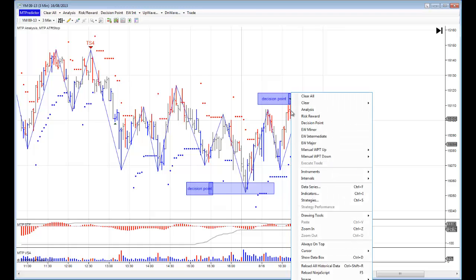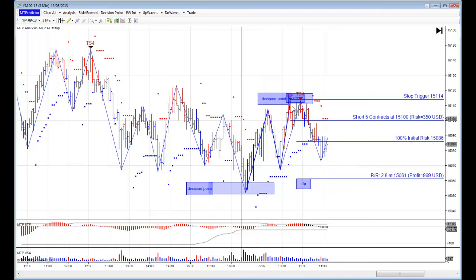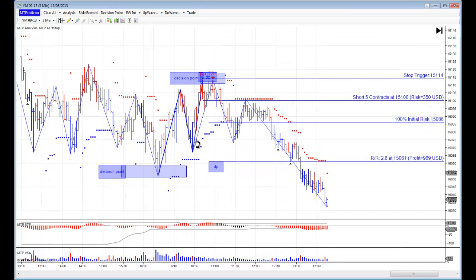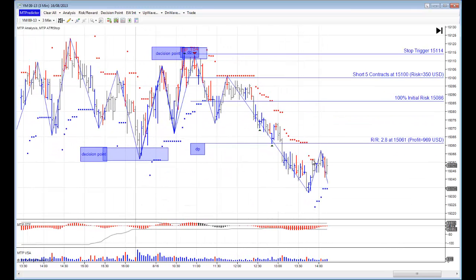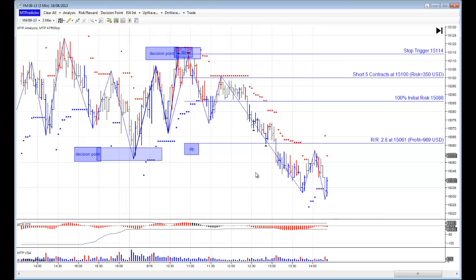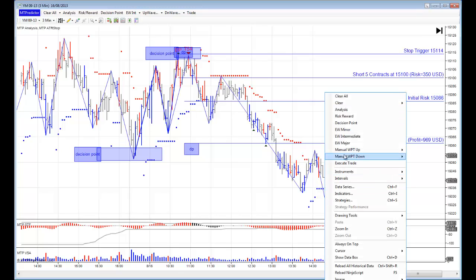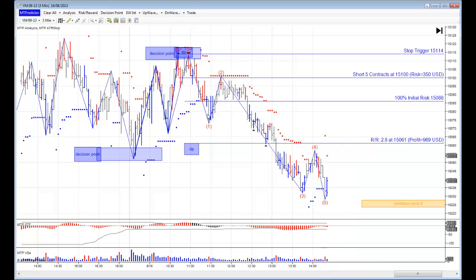If I now place the first analysis on this first trade setup here, if you remember I said that standard traders were looking to be coming out at the ATR stop at this level, whereas more advanced traders could have run this a little bit further down into here for two reasons. First and foremost, if I right mouse click, use our Elliott wave tool, so Elliott wave intermediate, you can see this was a lovely 1, 2, 3, 4, 5 with this low approximately at the minimum wave 5 WPT.